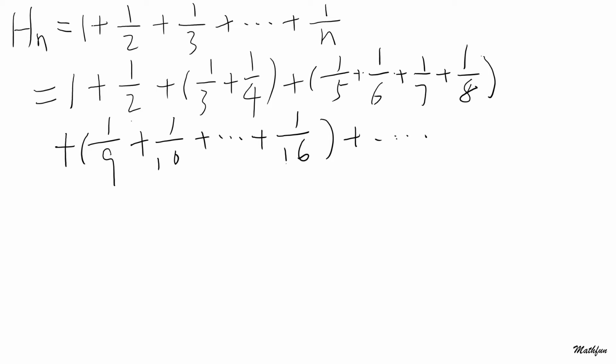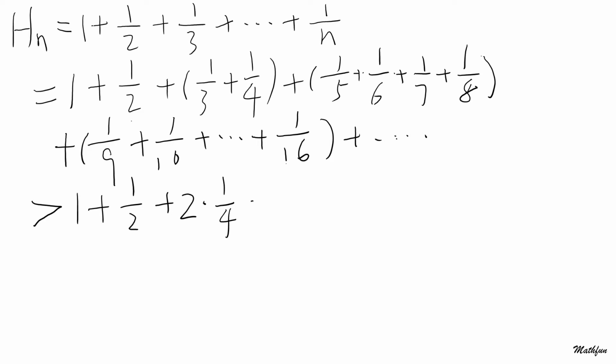So let's see here. We have 1, we have a half. What do we want to do here? Well, what we want to do here is combine the two and just call them a quarter each. Now, when you reduce a third to a quarter, you actually get a smaller number. So in other words, this will be bigger than 1 plus a half plus 2 times a quarter, isn't it?